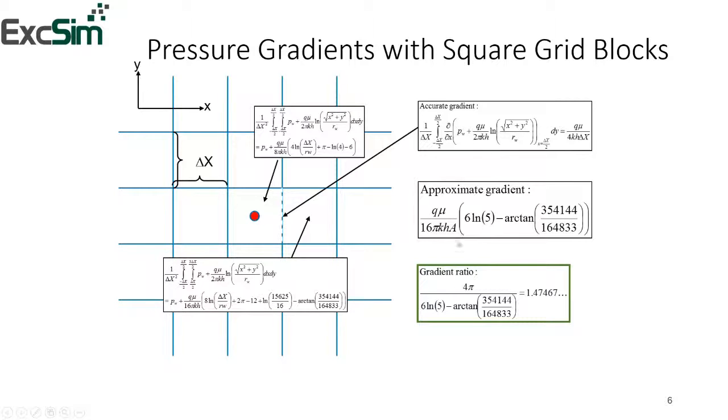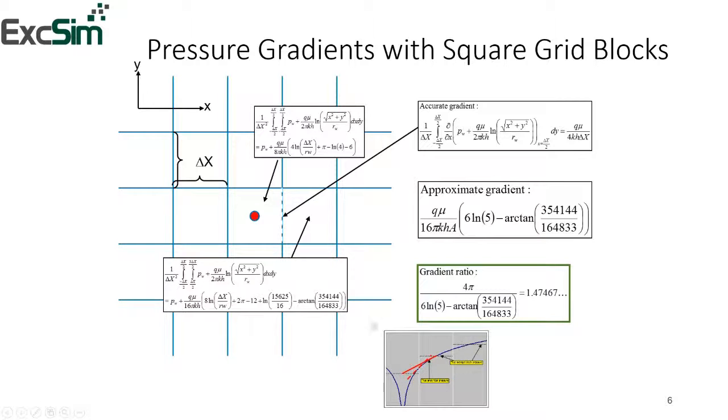And you can see that the ratio, the accurate gradient divided by the approximate gradient, is a constant of 1.47. So the true influx is 1.47 times higher than what you do get from the numerical approximation.